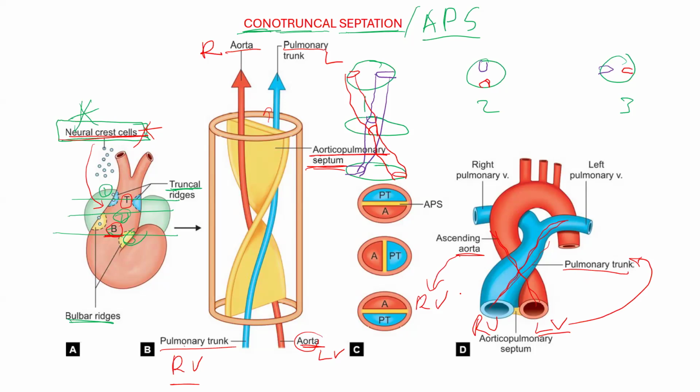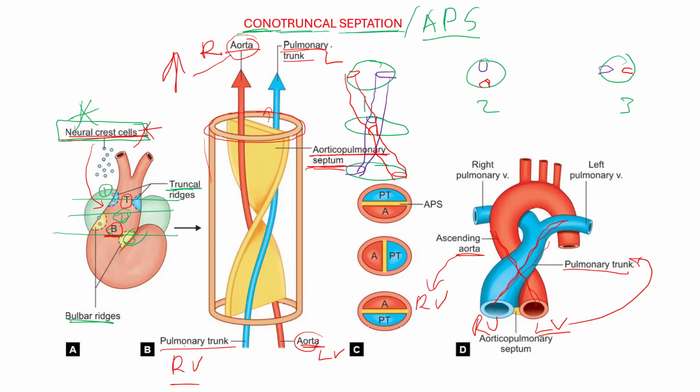The third situation is this. Yes, the aorticopulmonary septum spirals, but in this situation, it is not placed in the midline. Remember, you see this bulbous cordis, it's a tube. So this septation has to occur at the midline. If this aorticopulmonary septum is displaced, that means one of the outflow tracts, in most cases, the aorta will be big in size.